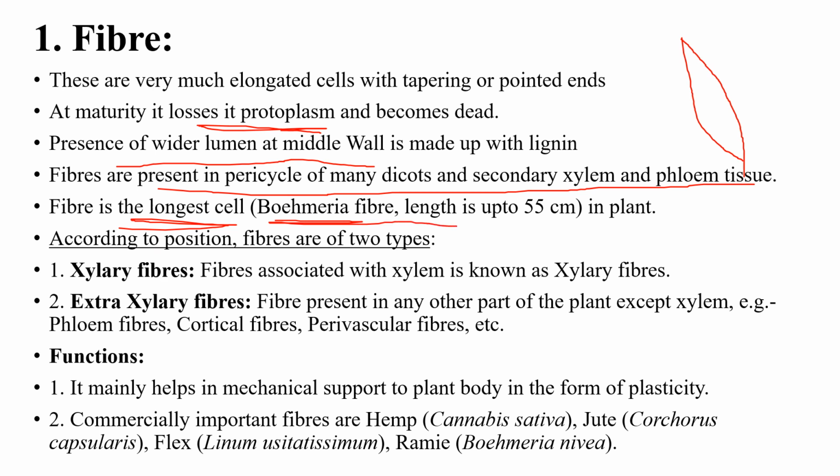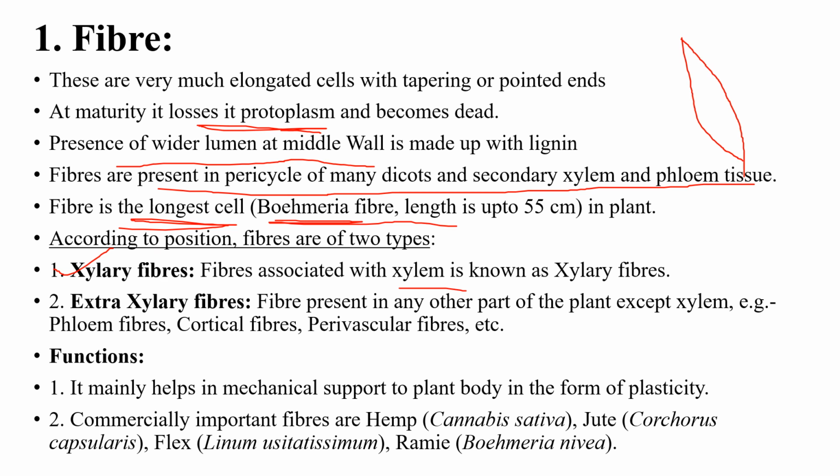According to position, fibers are of two types. One is xylem fiber, associated with xylem. Extraxylary fiber is present in any other part of the plant except xylem, for example phloem fiber, cortical fiber, perivascular fiber. That means other than xylem.